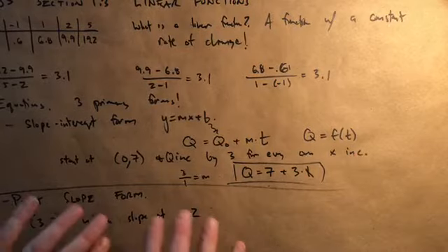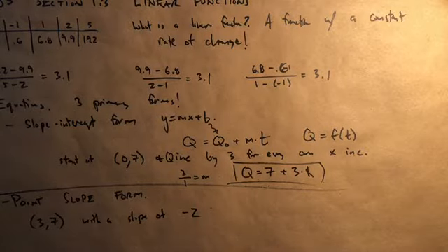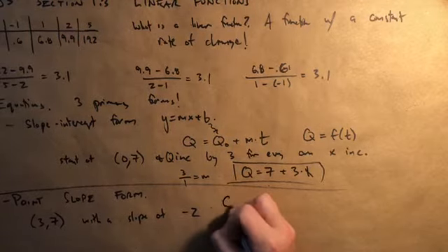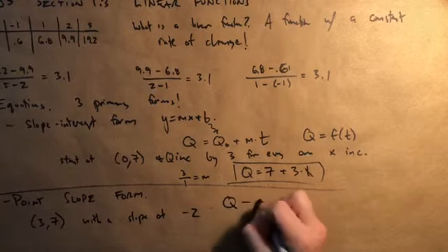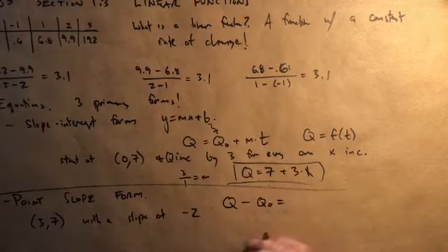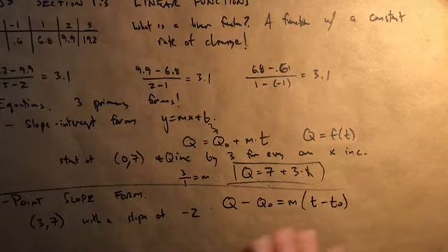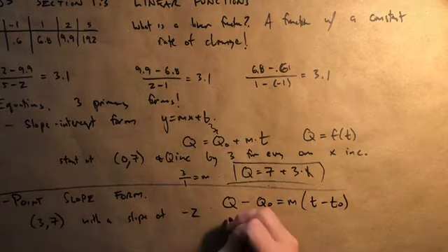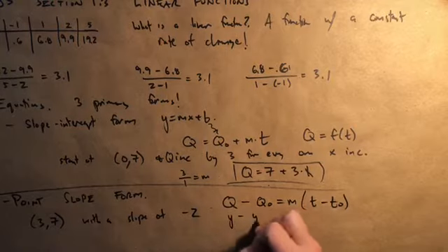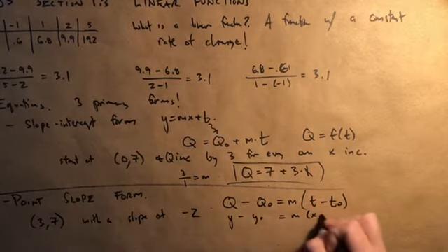Point-slope form, I'm going to use the same variables q and t. We can write this as q minus q naught is equal to m times the quantity t minus t naught. And just to relate it back to what you know, you saw this as y minus y naught is equal to m times x minus x naught.